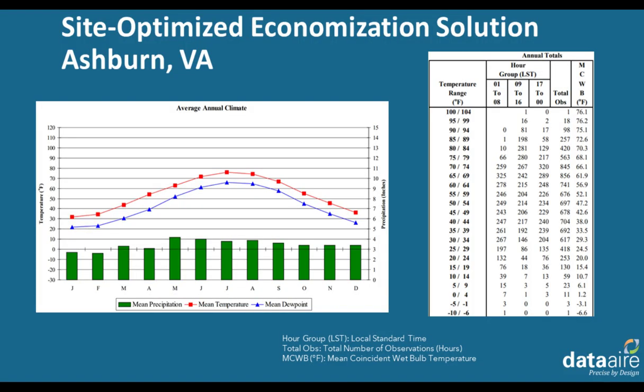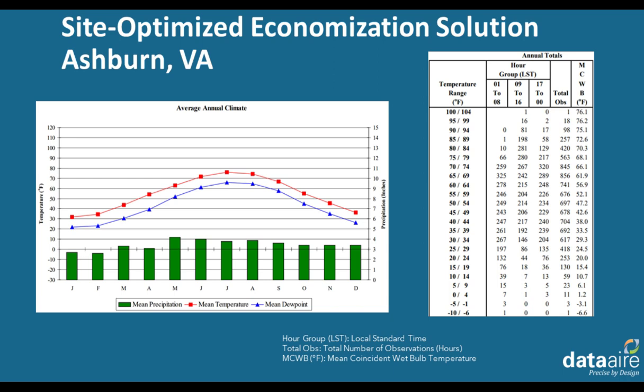So my first example here is Ashburn, Virginia, which is considered a national hub for data centers. And to calculate the energy usage and percentage of free cooling, we have to start with the bin data. So bin data is gathered from historical weather data for a particular location, and the number of hours that a certain location experiences temperatures within specified temperature ranges or bins is recorded.